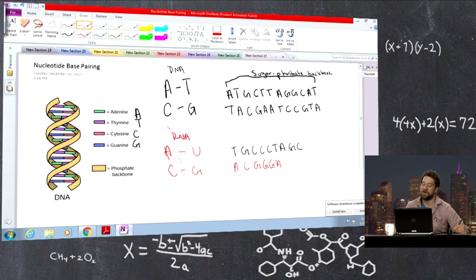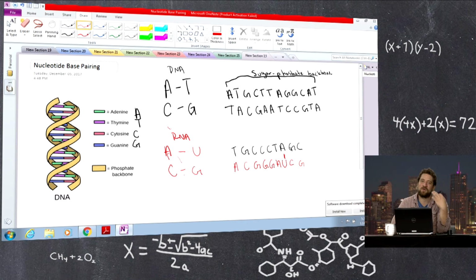But when you come to an A, that becomes a U. A pairs with uracil in RNA, and guanine pairs with cytosine, and cytosine pairs with guanine. So again, it's this distinction right here that when RNA is formed, any would-be thymine base instead becomes a uracil.